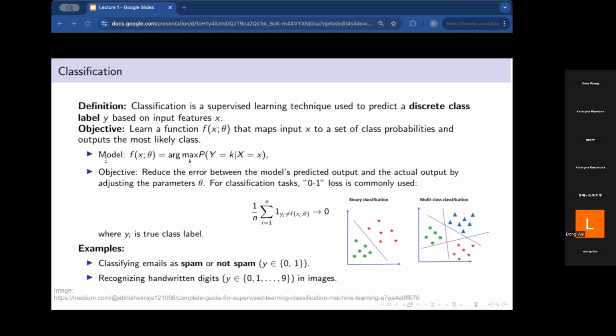On the right, the multi-class classification example shows data divided into three classes: green circles, red stars, and blue triangles. In this case, multiple decision boundaries are used to separate the different classes, highlighting the complexity of distinguishing between more than two categories.